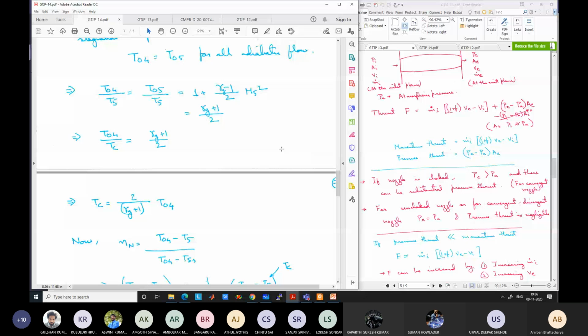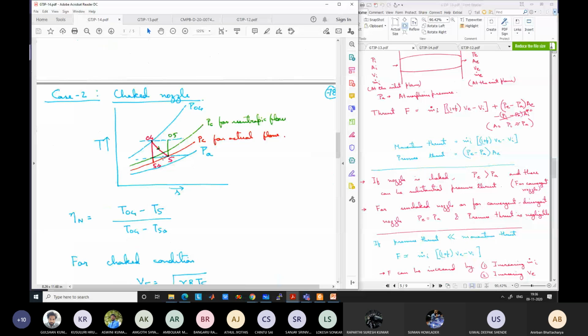We cannot use the isentropic relation that P05 by P5 is equal to (T05 by T5) to the power gamma by (gamma minus 1), because this process is not isentropic. So we have to find the isentropic point 5s, and then use the relation between 04 and 5s.